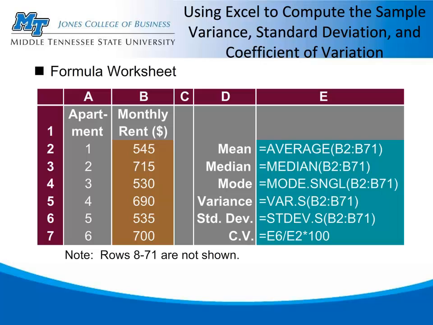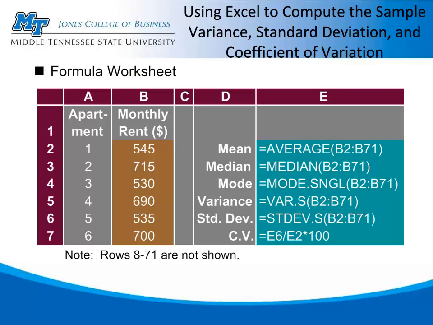The mode, here we're using the single version. There's another mode that they refer to as an array formula. You have to hold down the control key and the shift key and hit enter when you want to do one of those array formulas, but it'll give you multiple modes if there are multiple modes in your data set. var.s will give you the sample variance.